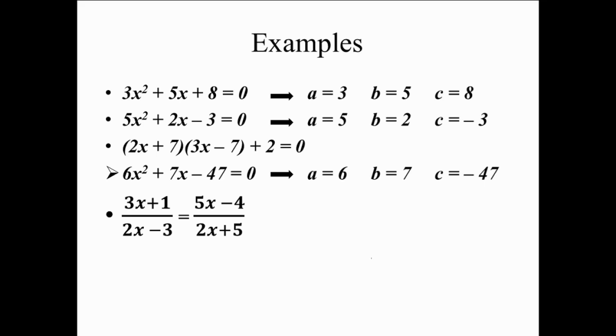But if you cross multiply this, that is 3x plus 1 with 2x plus 5 and 5x minus 4 with 2x minus 3, we get 4x square minus 40x plus 7 is equal to 0 after simplification. And here a is 4, b is minus 40 and c is 7.